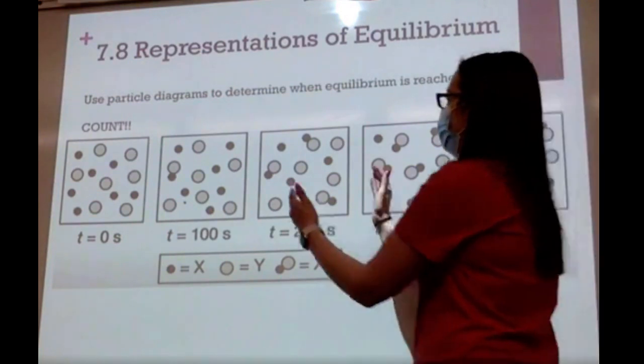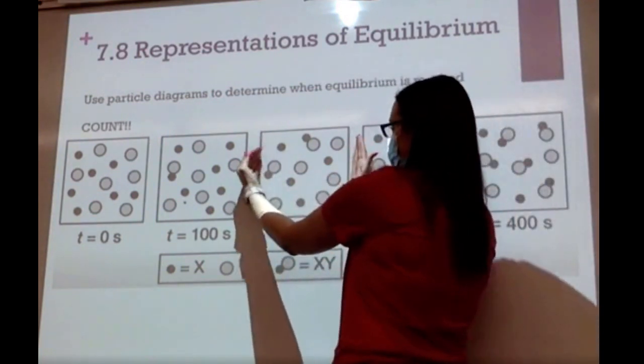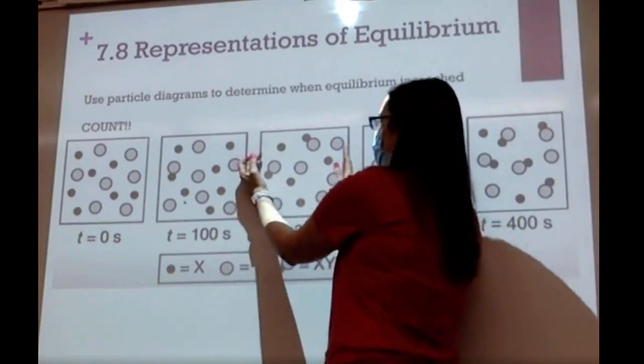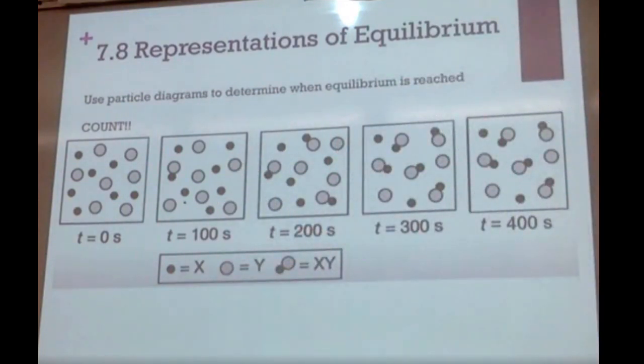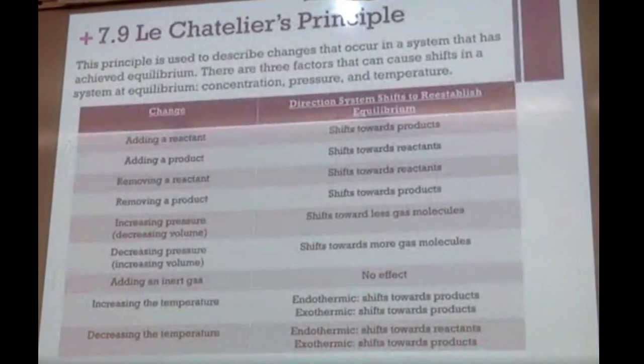If they just gave us one snapshot, so they just gave us this 200 seconds particle diagram and they said, is it at equilibrium? Well, we don't know. We need more than one time frame to see if something is at equilibrium. So this is just looking at, can we determine if equilibrium has been reached based on particle diagrams? And we need to see multiple times in order to see that.